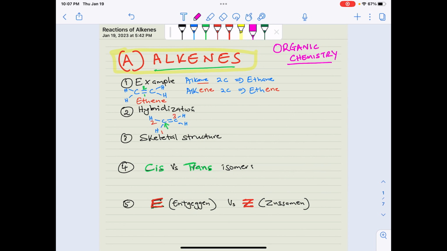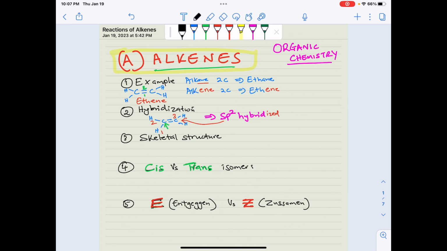So when carbon is bonded to 3 things, that gives what's called sp2 hybrid orbitals. So sp2 hybridized. Actually both carbons, even this other carbon, are sp2 hybridized.